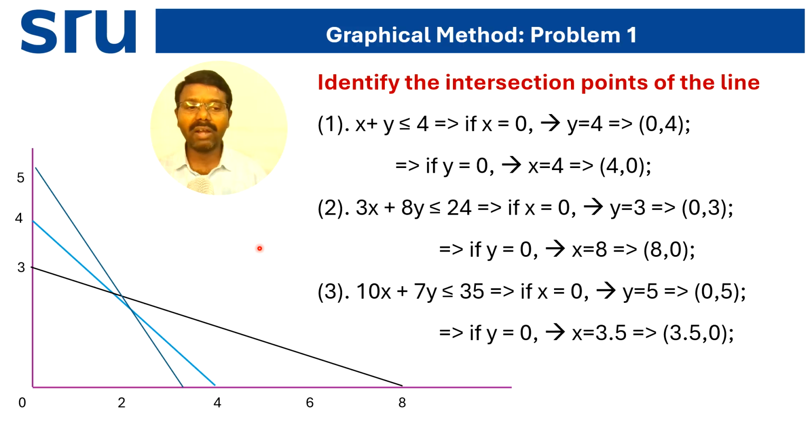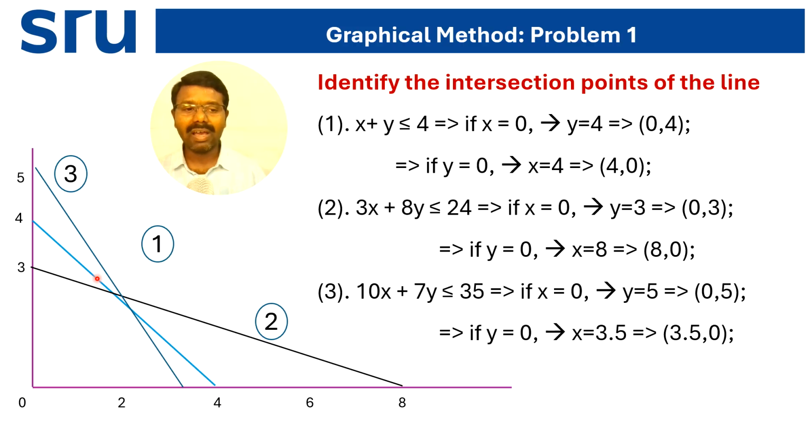If I plot these lines on the graph, this represents the first equation, x plus y is less than or equal to 4. That means whenever it is less than or equal to 4, it will cover the area which is below this line, towards the origin.